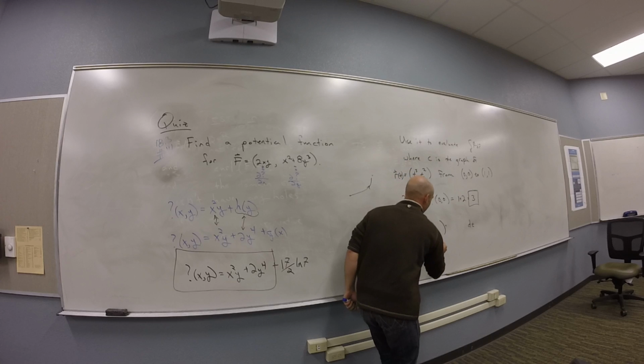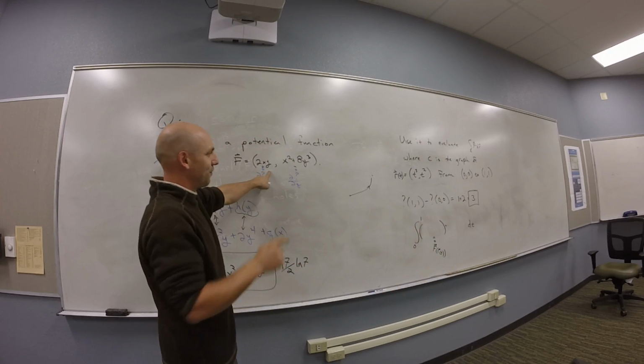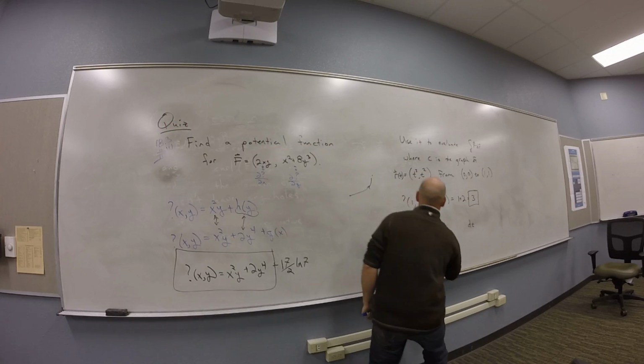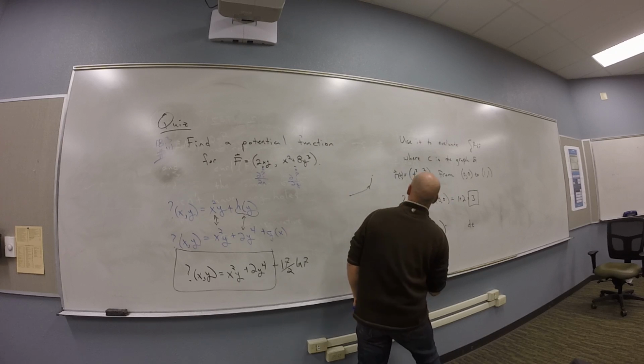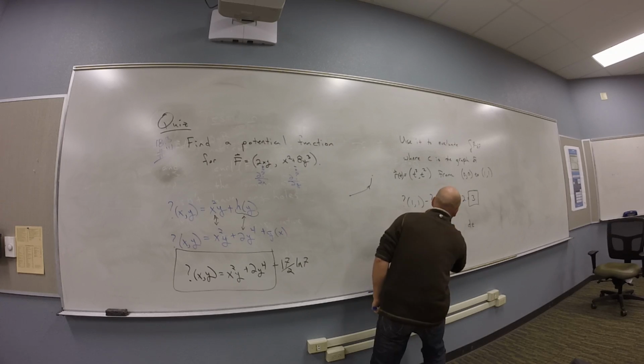This should be f evaluated at r of t. So you need to evaluate f at t cubed comma t squared. So you're going to get 2t to the 5th comma t to the 6th plus 8t to the 6th.